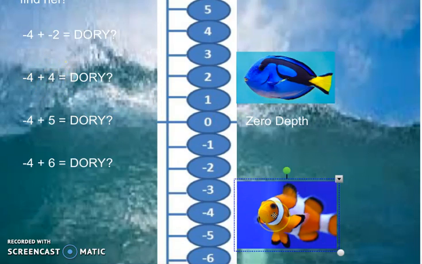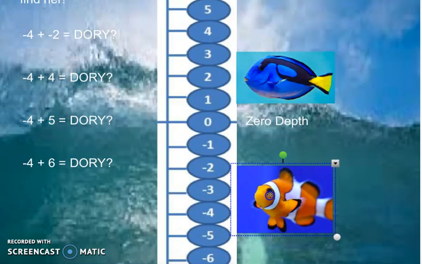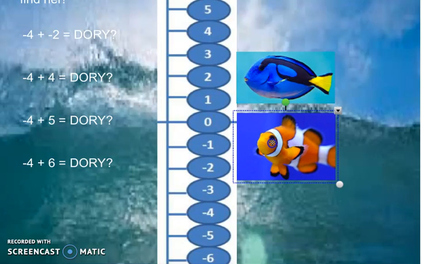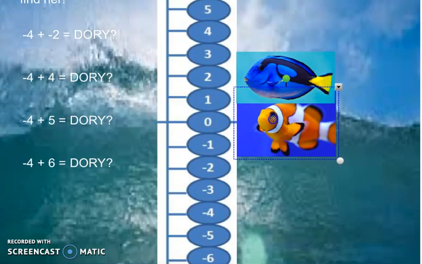That means Nemo is going to move forward 4 spaces: 1, 2, 3, 4. Where did he land? He landed at 0. Did he find Dory? He's getting closer, but he's not quite where Dory is.